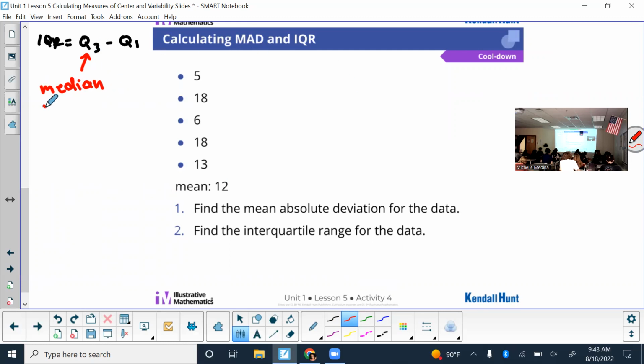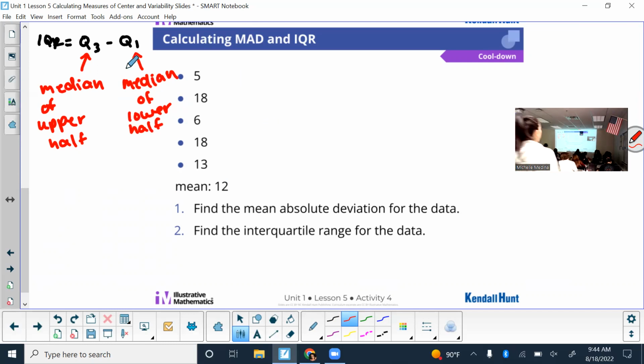So that's our median of the upper half. I'll simplify it. And then Q1 is, good, the median of the lower half. Or some of you are saying between the minimum and the normal median, that's also correct.